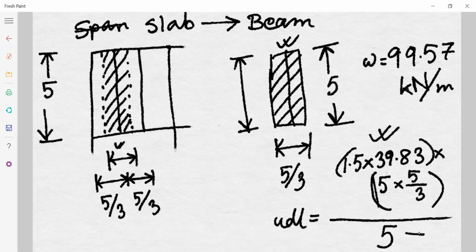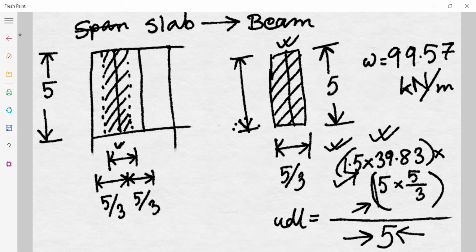This 5 is the length of the beam, isn't it? And this is the total load. Total load is what? This pressure, 1.5 into 39.83 into area, 5 into 5 by 3. So pressure into area, load by this length is the UDL.